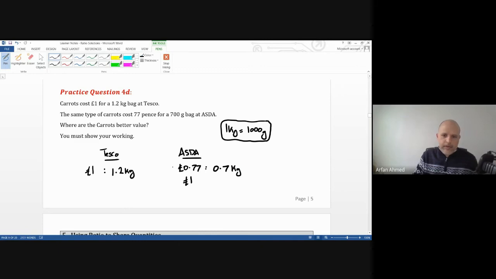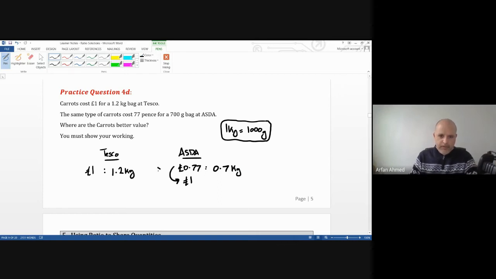Yeah, and then you can compare. But to get from that to that, how many 77 pences go into 1? So you'd have to do 1 divided by 0.77. Okay, obviously it's a decimal. In fact, I'm gonna leave it as a fraction.